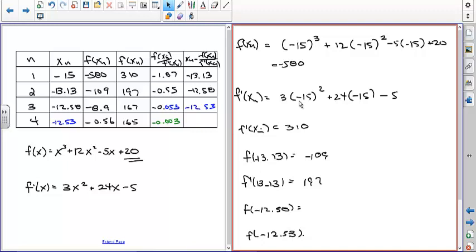It says, use Newton's method to continue the process until two consecutive approximations differ by less than 0.001. So that's if x sub n plus 1 minus x sub n is smaller than 0.001. And obviously it's going to take less than 4 iterations because I'm only giving you space for 4 iterations.